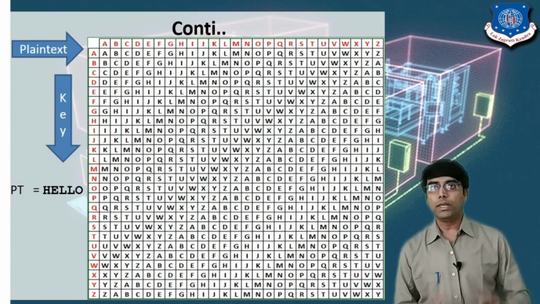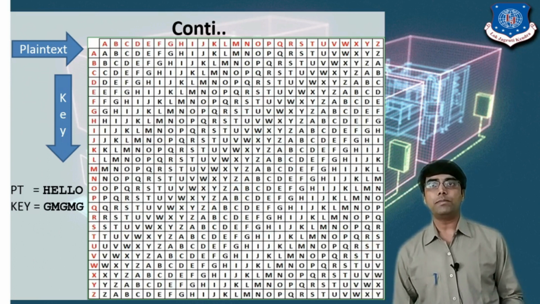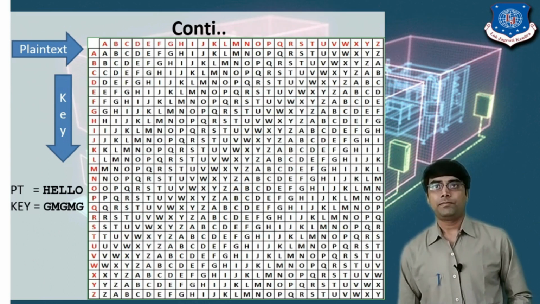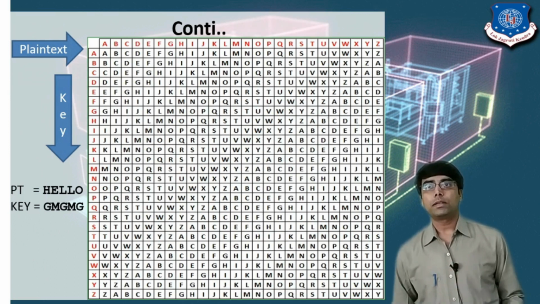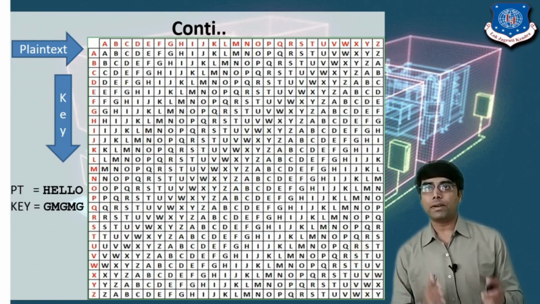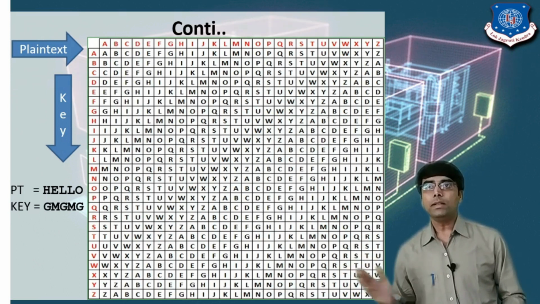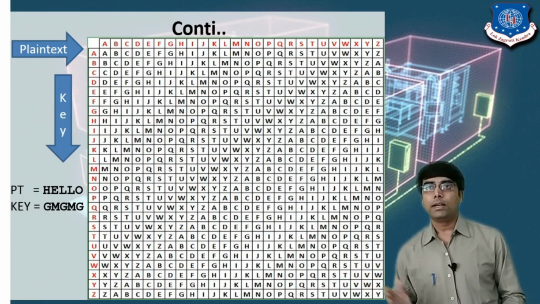Here you are given the plain text HELLO and the key GMGMG. To make the cipher text, take the first character of the plain text and the first letter of the key, and see the intersection of the plain text and the key.